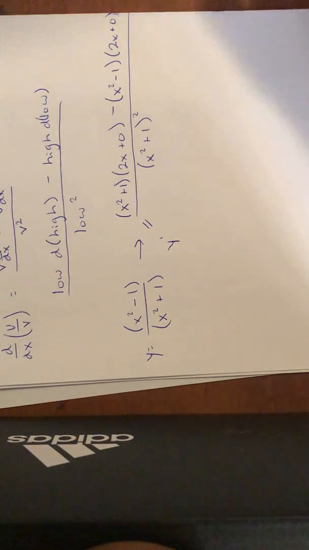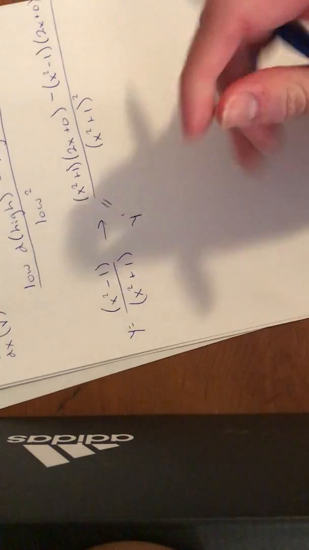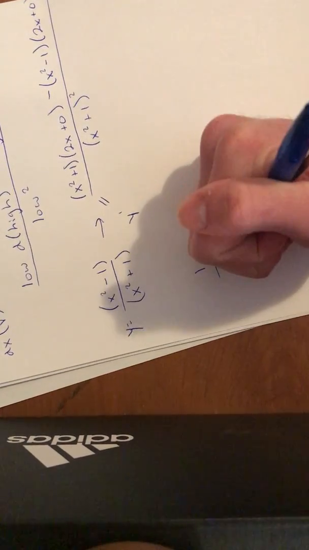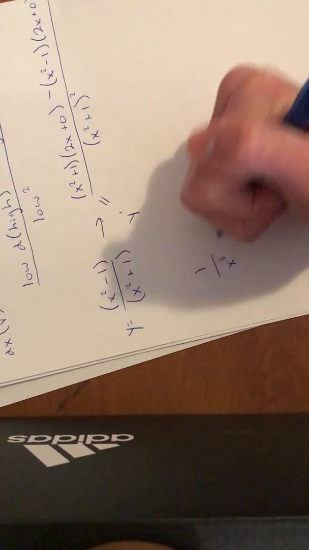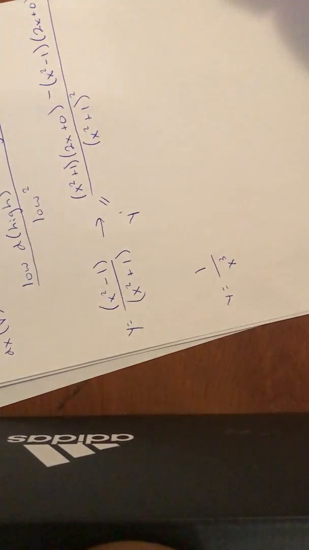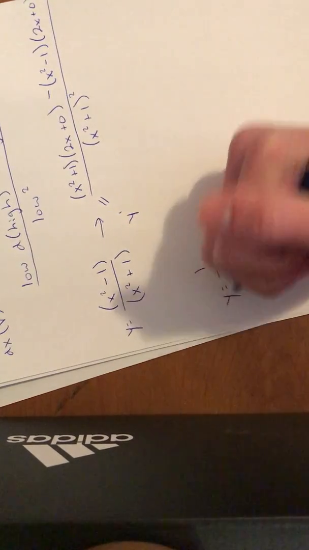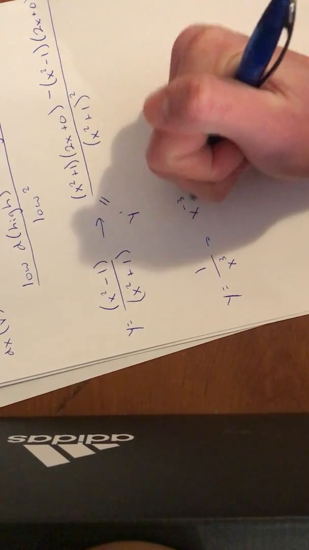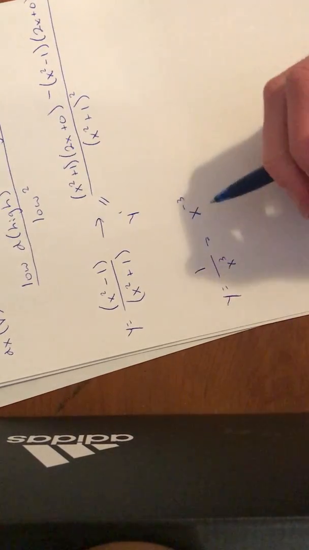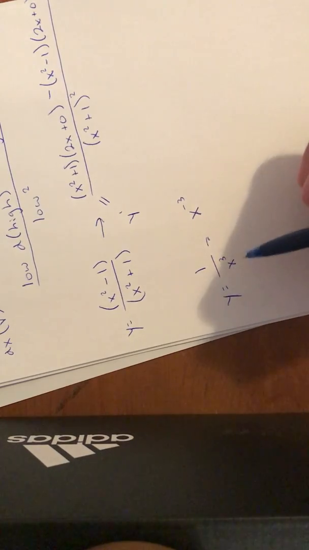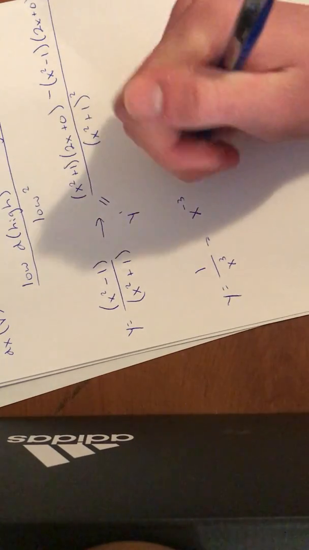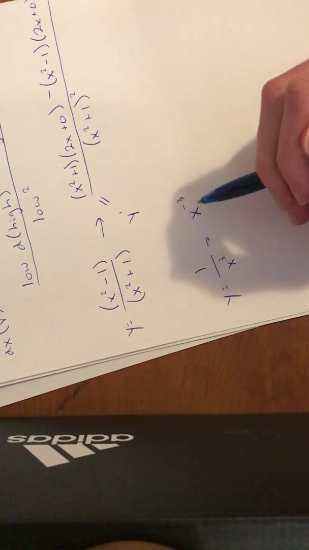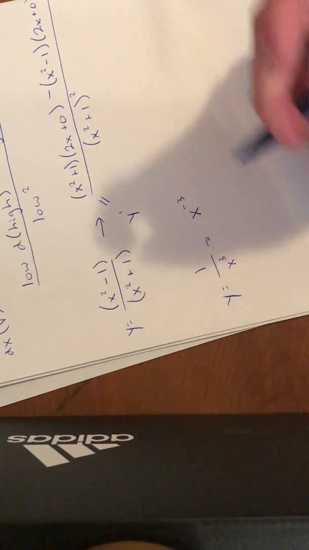One more thing. You get something like 1 over x to the third, and you need to take the derivative of that. The easiest way to do that is to make this x to the negative 3, because x to the negative 3 is the same thing as 1 over x to the third, right? If there's a negative power, you can just put it over 1 and that power becomes positive.